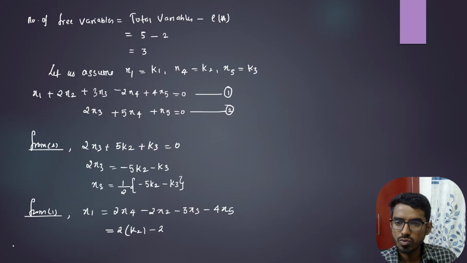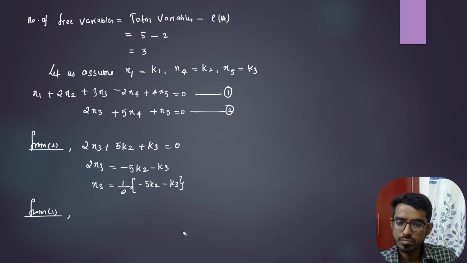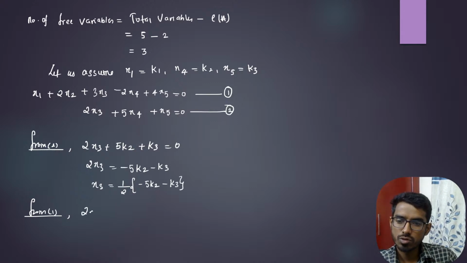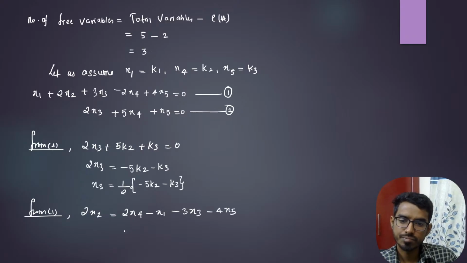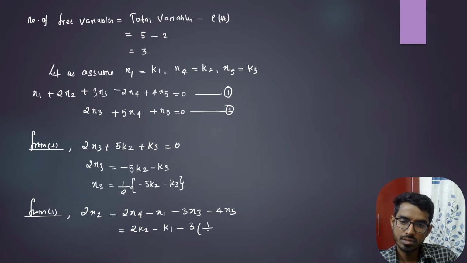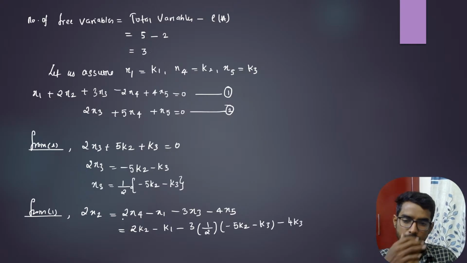Okay, we need to find x2. So we have found x3, so we need to find x2 now. So 2 times x2 is equal to 2 times x4 minus x1 minus 3x3 and then minus 4x5, right? So 2 times x4 is k2, x1 is k1, 3 times x3 is 1 by 2 times minus 5k2 minus k3, minus 4 times x5 which is k3, right?